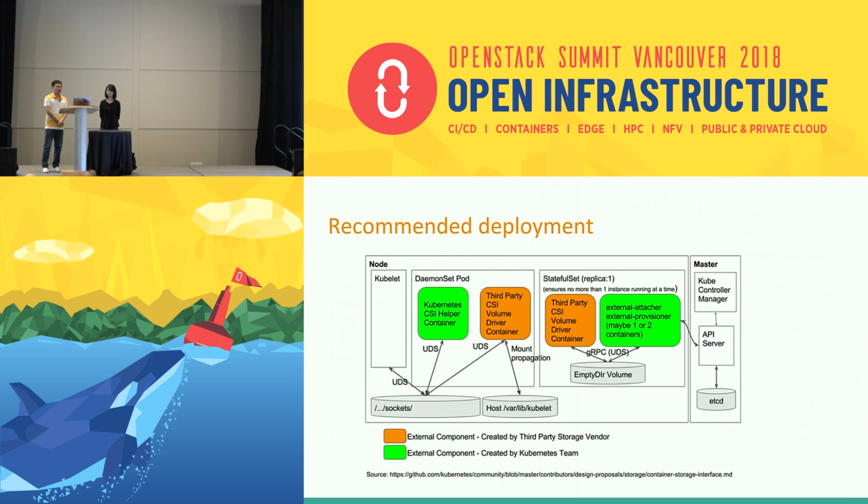Second, the CSI driver will communicate with the external attacher and the external provisioner through gRPC, which is built on an emptyDir volume. And last, the replication is set to 1 to ensure that only one instance of the stateful set is running at once.